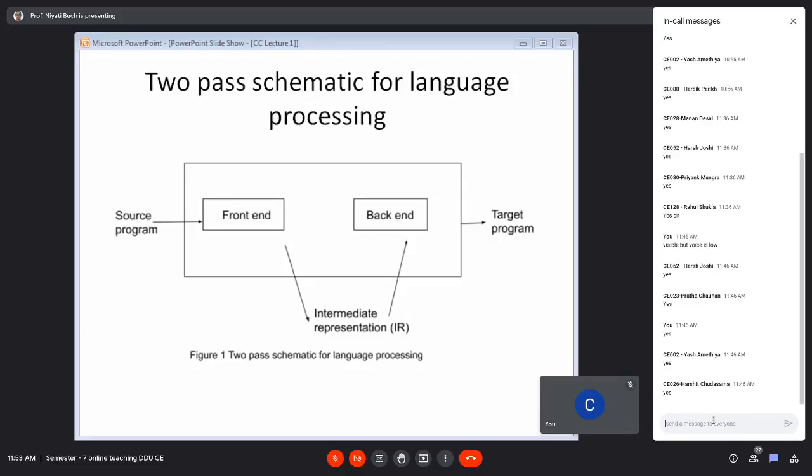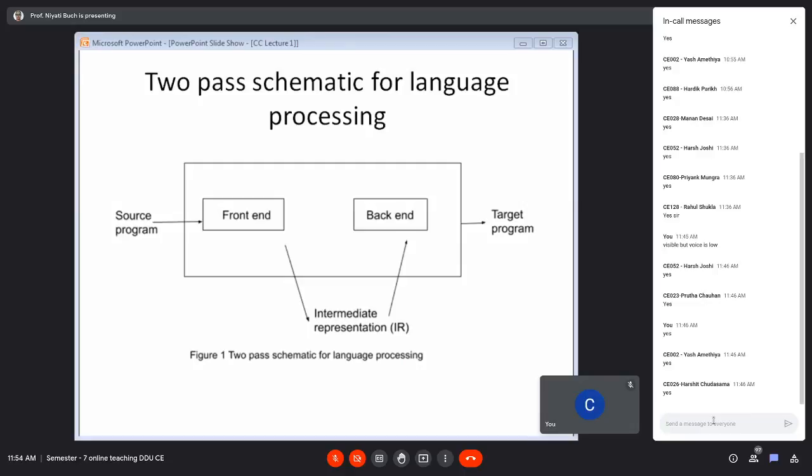The front end involves the analysis, and the back end involves the code generation and machine dependent optimization. Now the front end is going to generate the intermediate representation, and we will see the different ways in which this intermediate representation happens, or what mechanism is used in the representation.